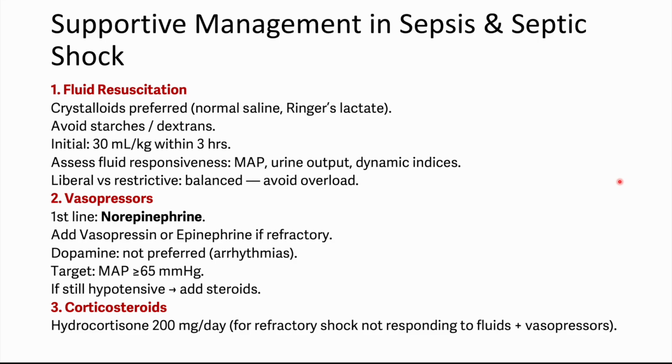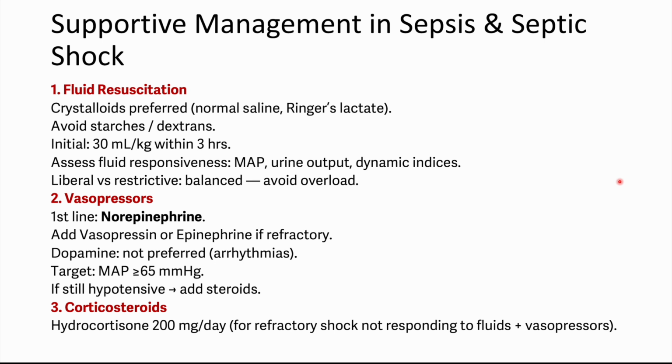In supportive management, now this is a real ICU fight. Start with fluids: crystalloids alone, no starches, 30 ml per kg within 3 hours, but reassess constantly. Too much fluid kills as surely as too little. Next, vasopressors. Norepinephrine is your workhorse.